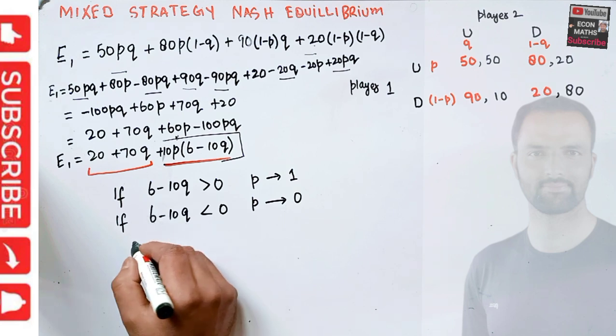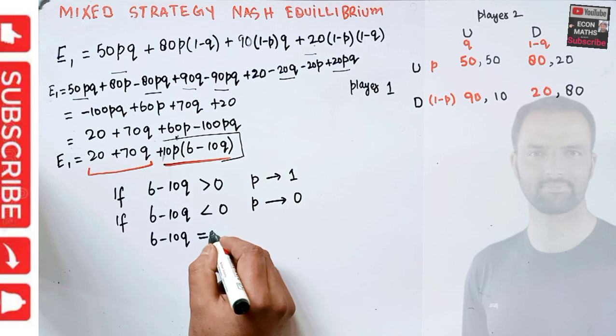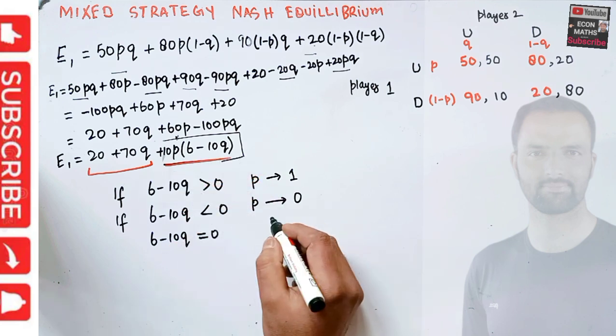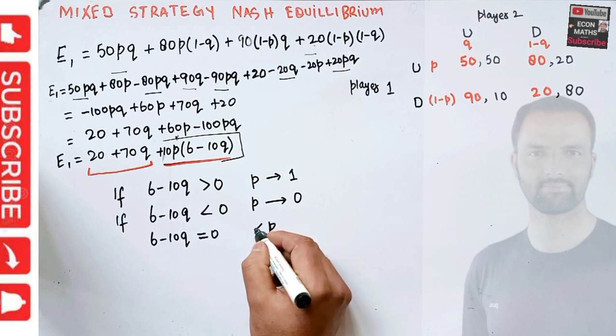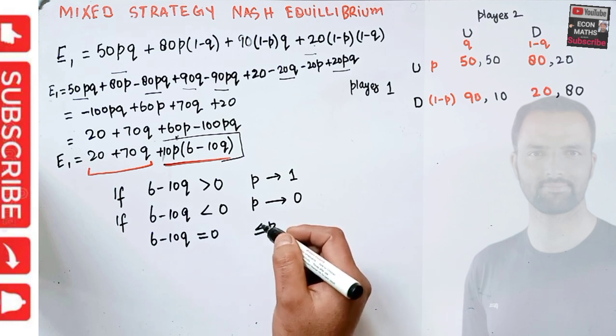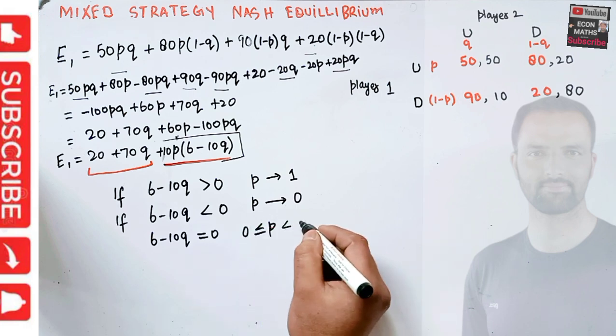And if 6 minus 10q is equal to 0, then player 1 will be indifferent in his choice of P, so it will lie between 0 and 1.